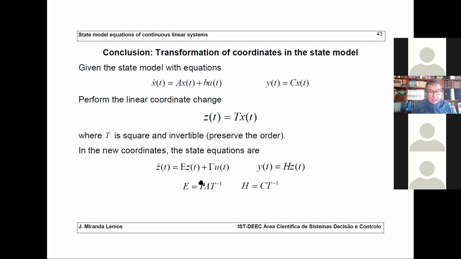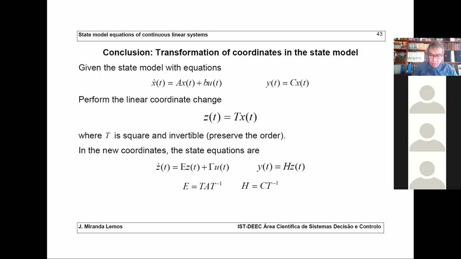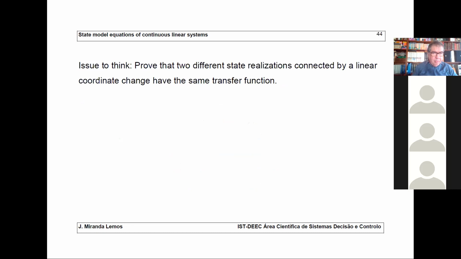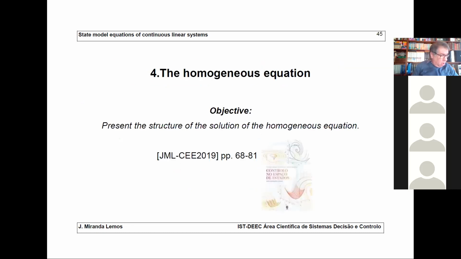So show that the expression you get for the transfer function in the Z coordinates simplifies to the expression for the transfer function that you would get by writing it with A, B, and C. You understand the problem? Okay, so this is something that I suggest you do at home.